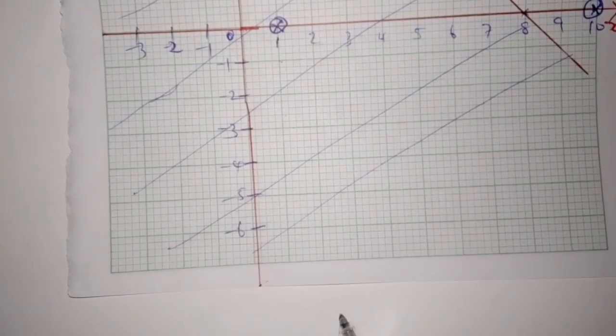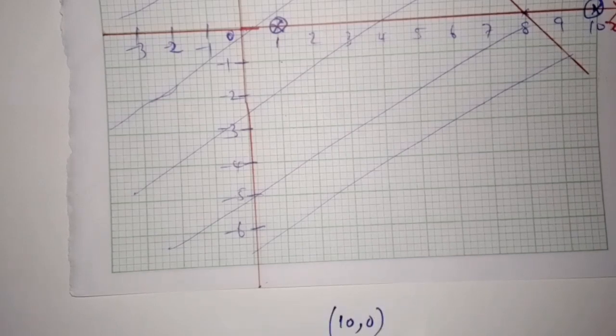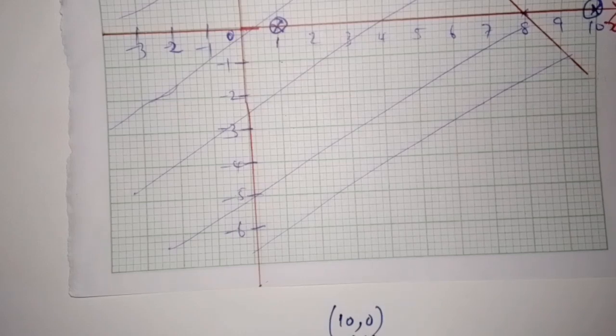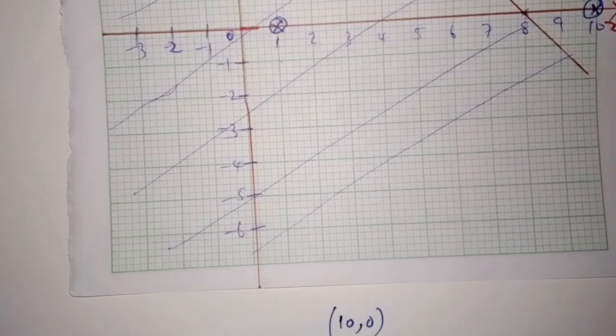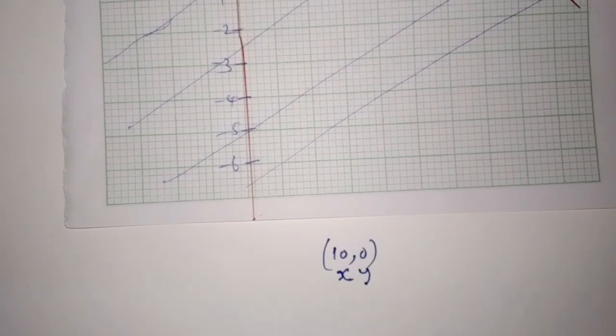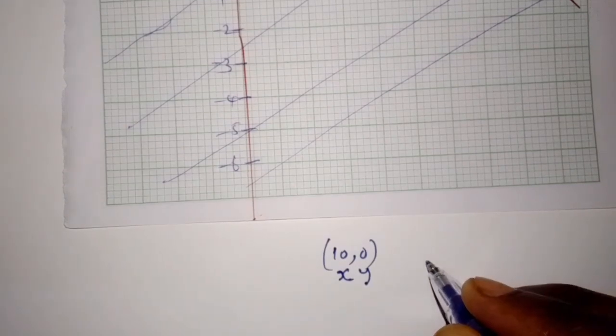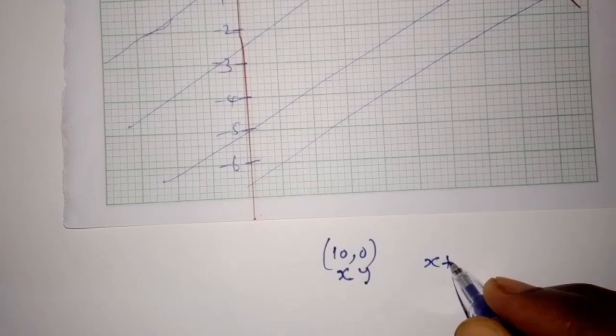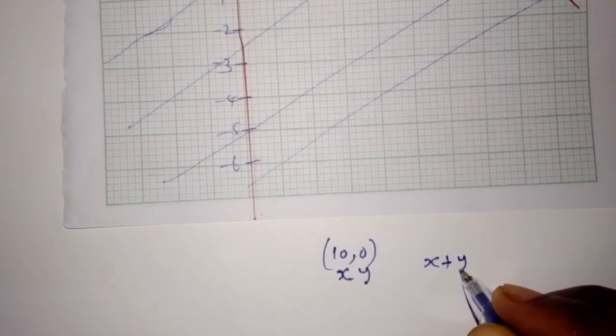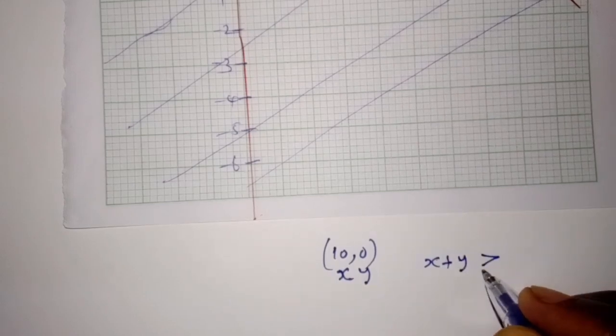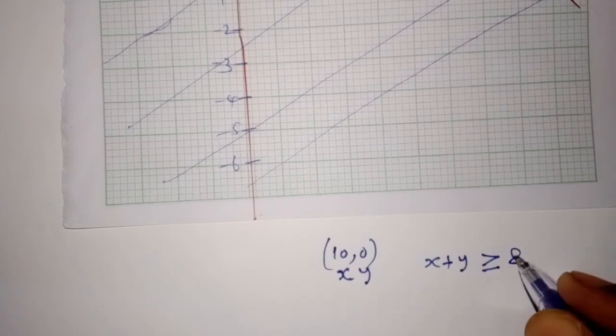At point 10, 0, it means x is 10, y is 0. And we use this inequality, x plus y is greater than or equal to 8.